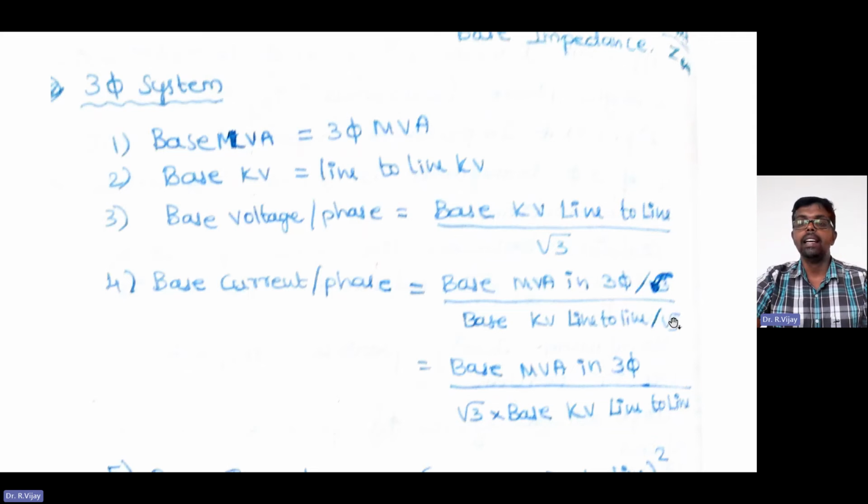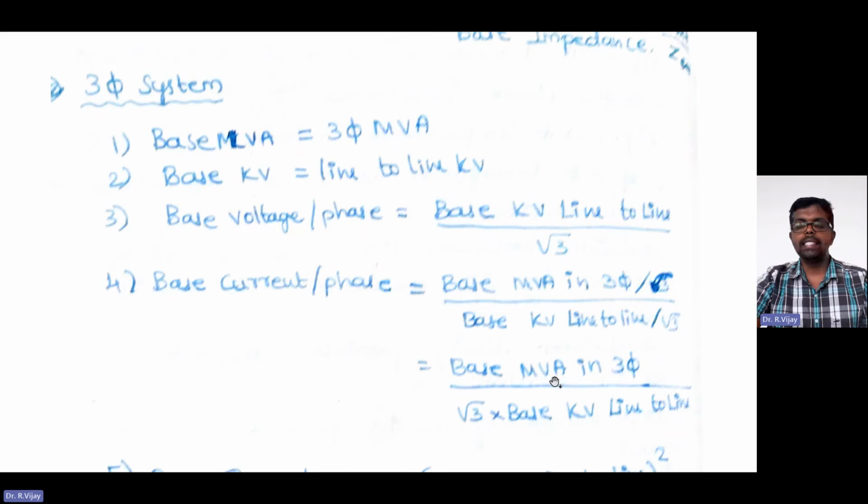So here in 3 phase it is base MVA divided by 3, and the whole divided by base kilovolt line to line divided by √3.